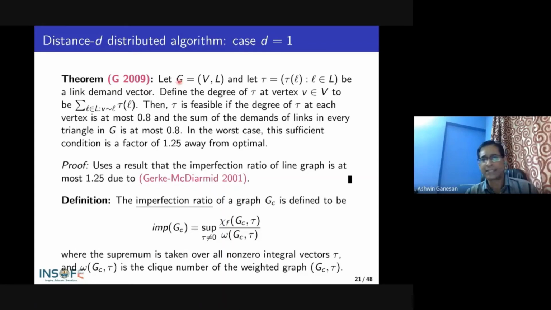Basically it says if you have a graph G and a link demand vector tau, as usual, define the degree of a vertex to be the sum of the demands of all the links which are incident to that vertex. Then tau is feasible if the degree of tau at each vertex is at most 0.8, and the sum of the demands of the links in every triangle in G is at most 0.8.